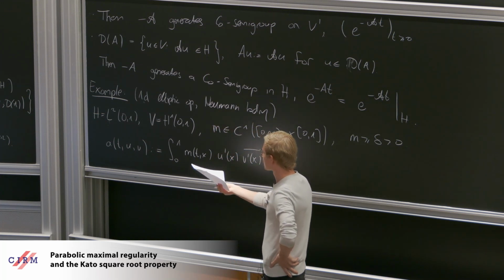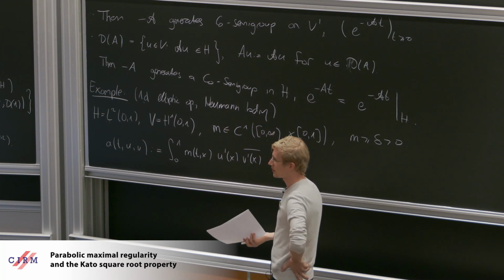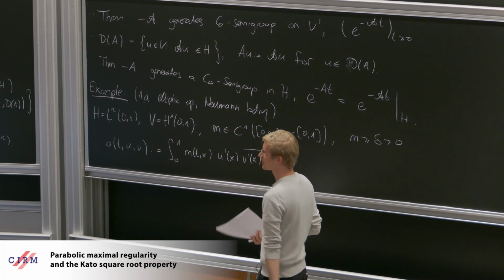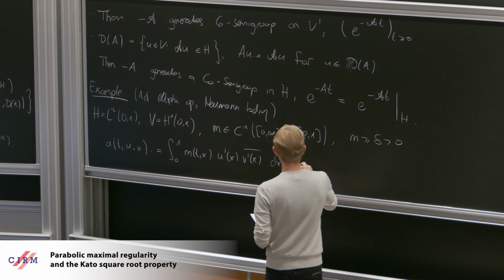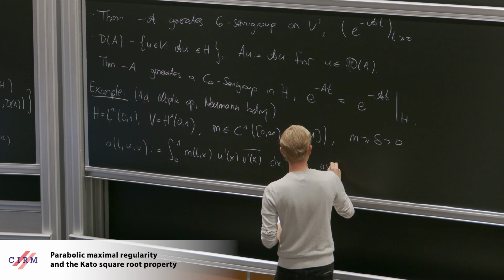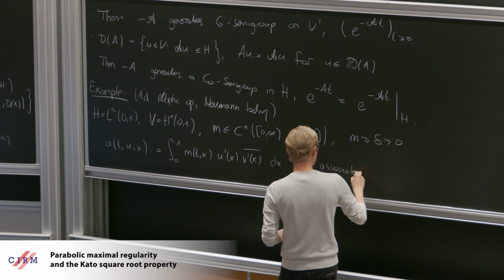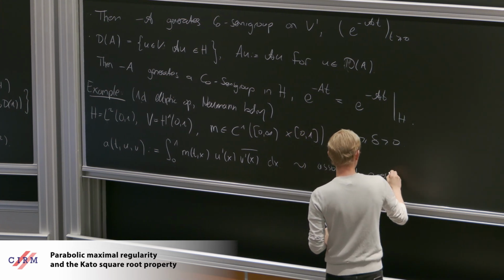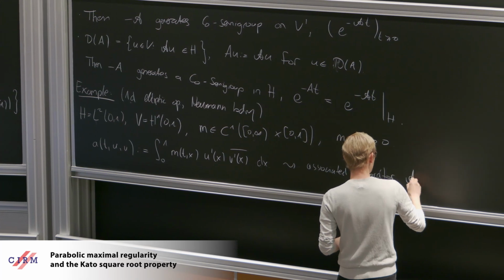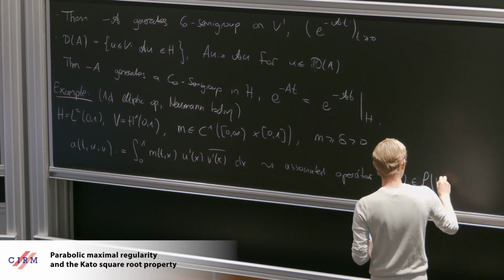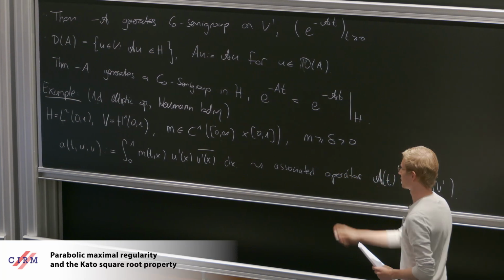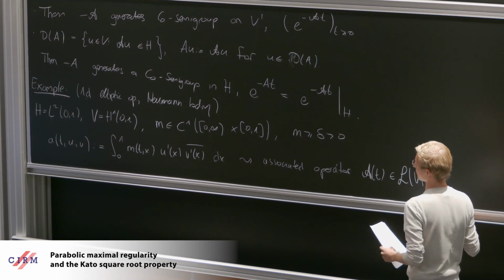Now it's easy to see that for each fixed t, a of t is going to be a bounded and coercive form on V. So we also get associated operators, or at least an associated operator for each fixed time t, A of t in L of V, V prime, just by the same definition as to the left.